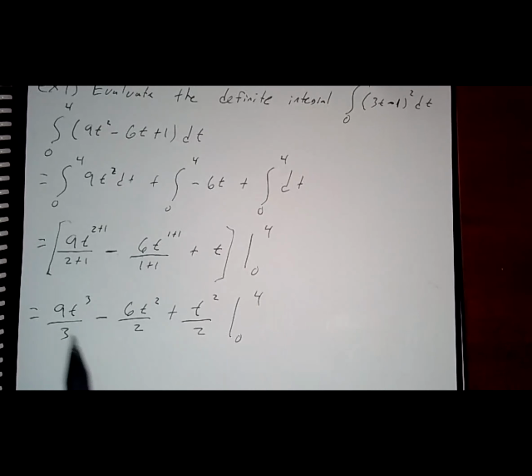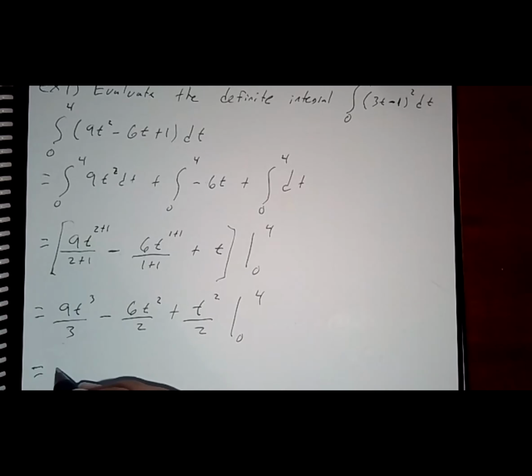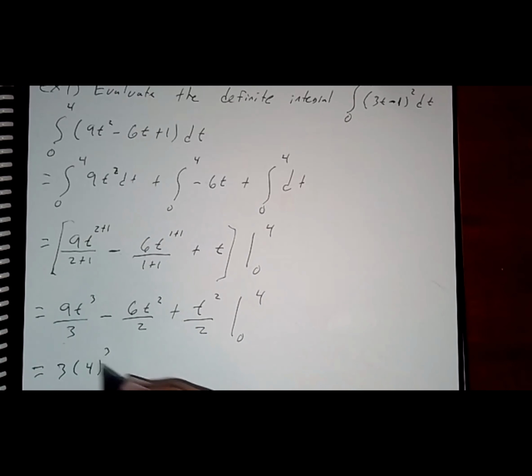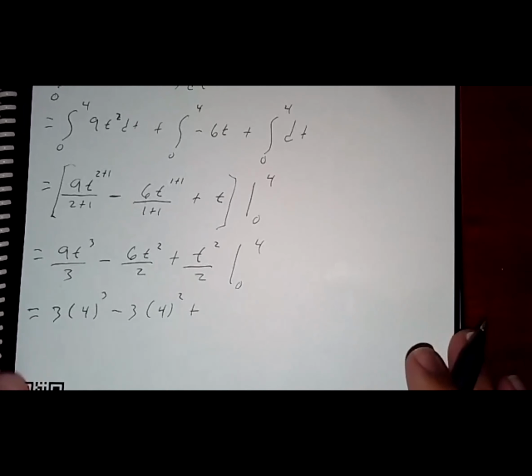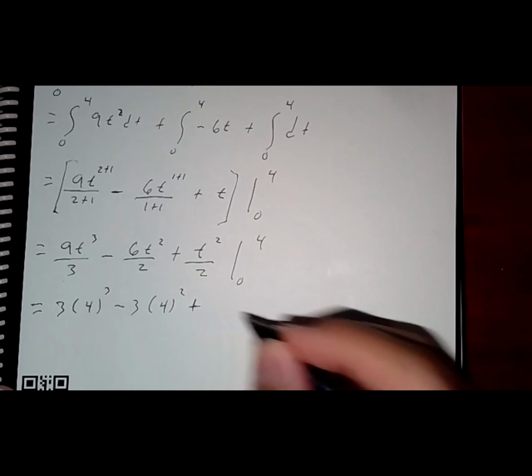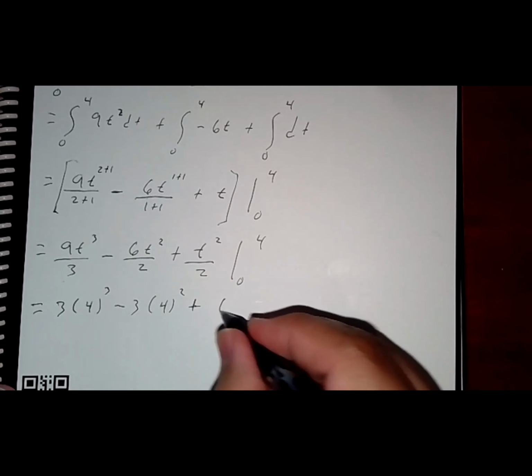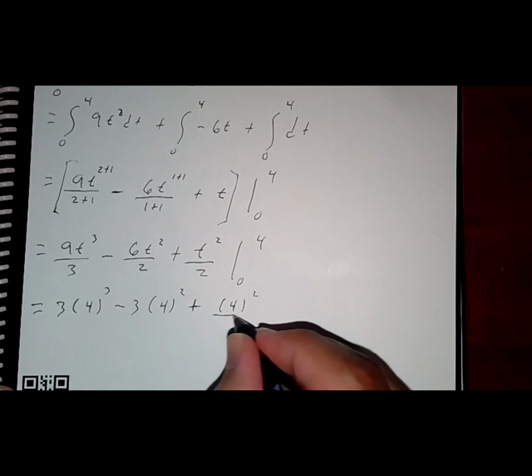Okay. At this point we can divide out the 9 by 3, 6 by 2, but let's plug in the numbers. So this becomes 3 times 4 cubed minus 3 times 4 squared plus 4 squared over 2.